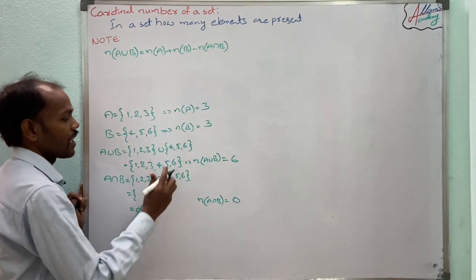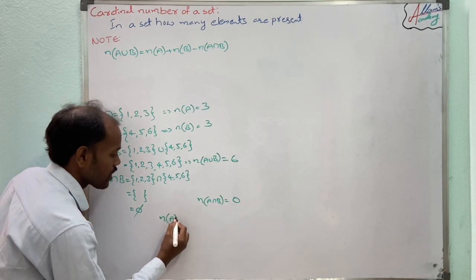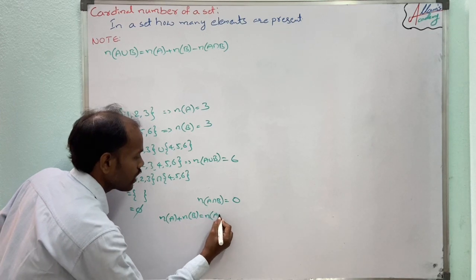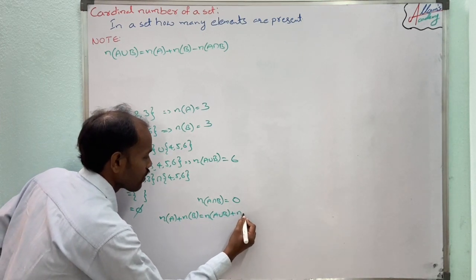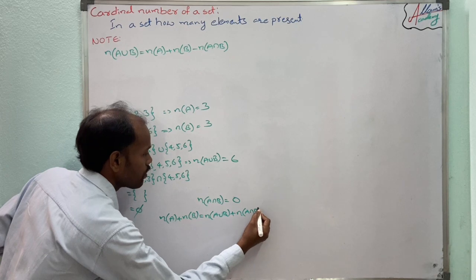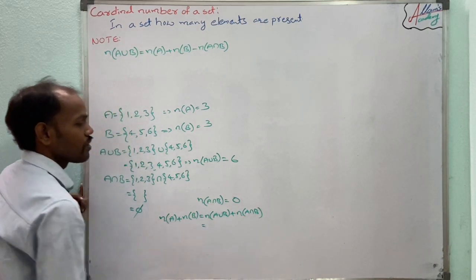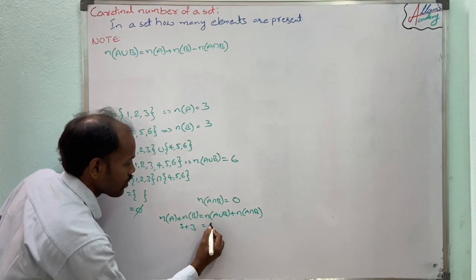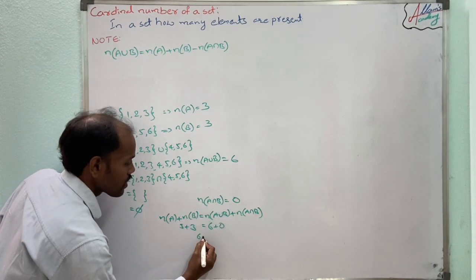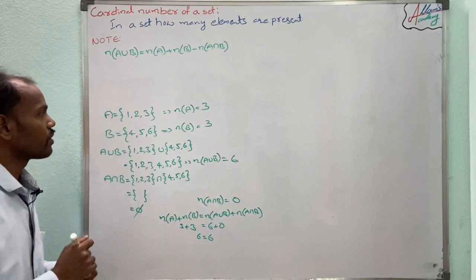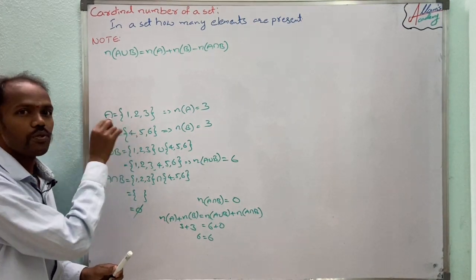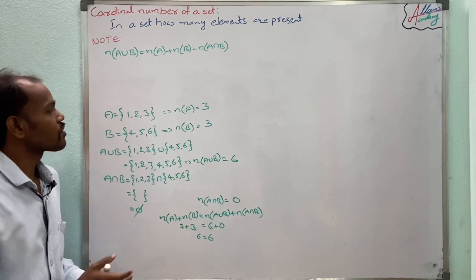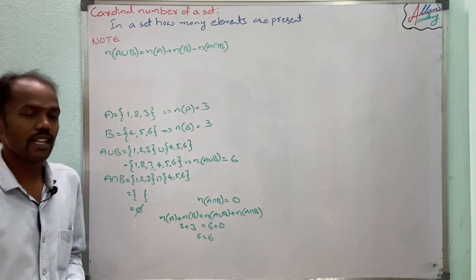So here, as already said, number of A plus number of B equals number of A union B plus number of A intersection B. So here 3 plus 3 is equal to 6 plus 0, so 6 equals 6. Now we observe that in the given two sets there is no common element, so these sets are called disjoint sets.